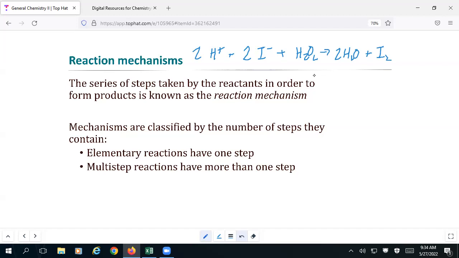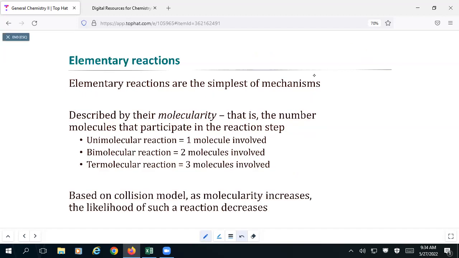But if that's not the case, then what we have to introduce is something called a multi-step mechanism, a multi-step reaction, where to get from reactants to products, it's going to take more than one step to do so. And so that's going to introduce some other terms for us. Let's talk about the easy ones, though. Elementary reactions are relatively simple.